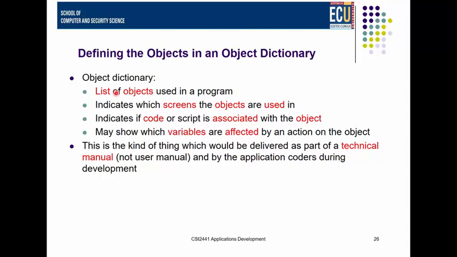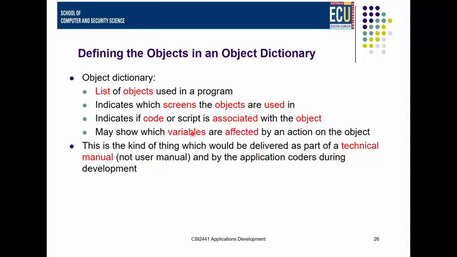We have to identify the list of objects that we will use, on which screen those objects will be used, and if there is any code snippet or event listener attached, what they are, and what variables the code in those listeners will modify. We can capture and document this information.